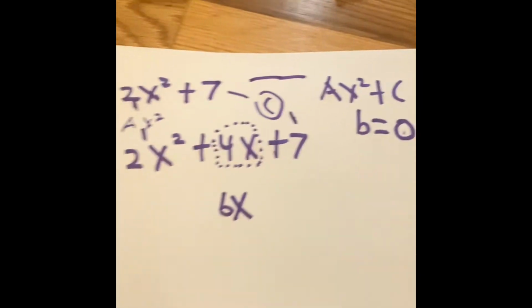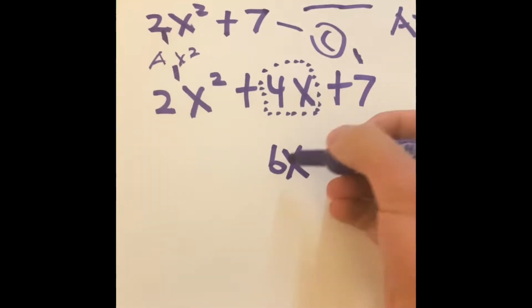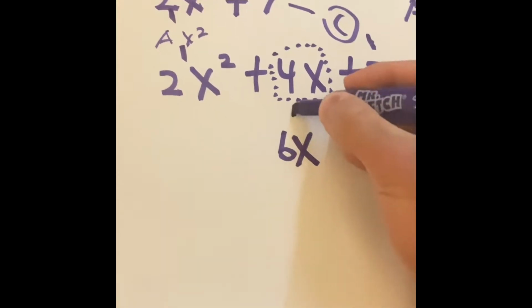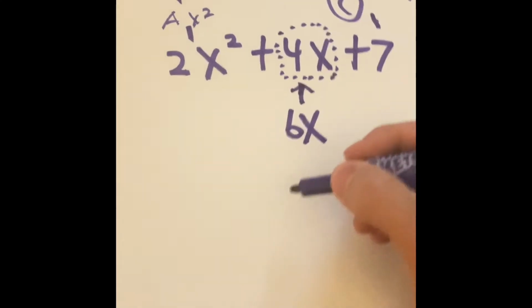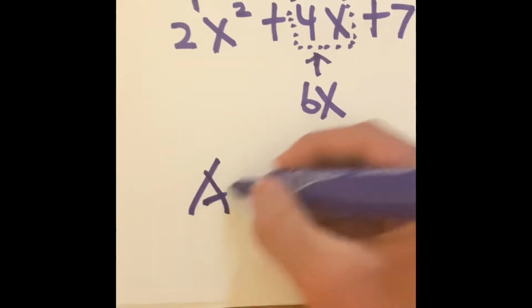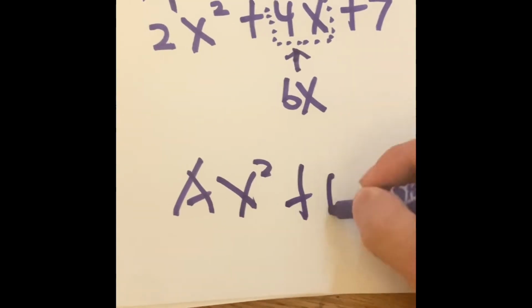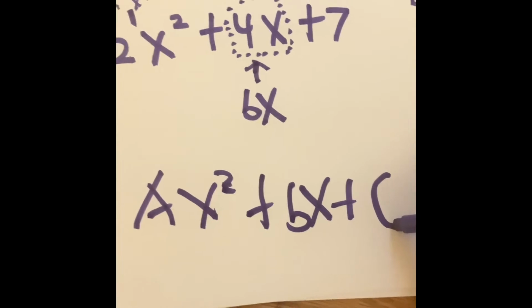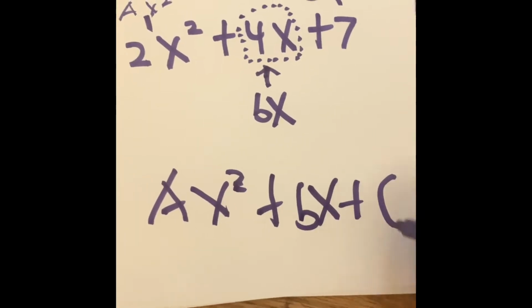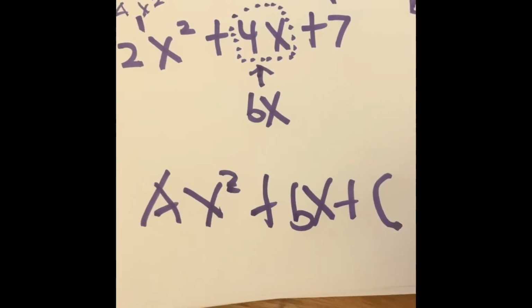So now, since we have a bx and another variable and a coefficient in front of it, we're going to call it ax squared plus bx plus c. And that is going to be called quadratic standard form.